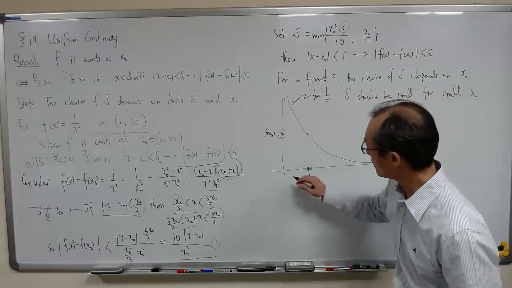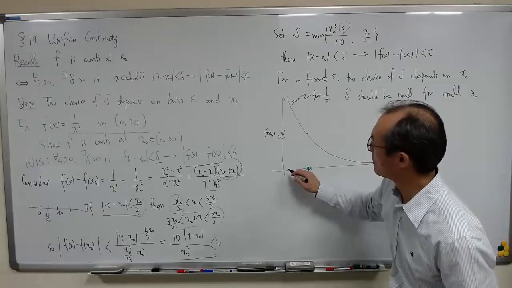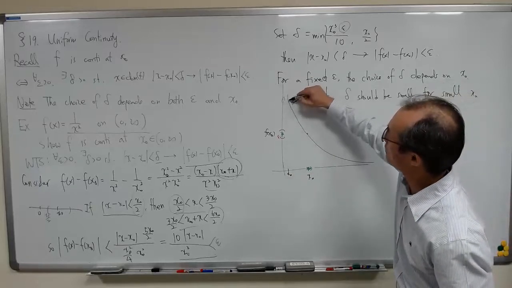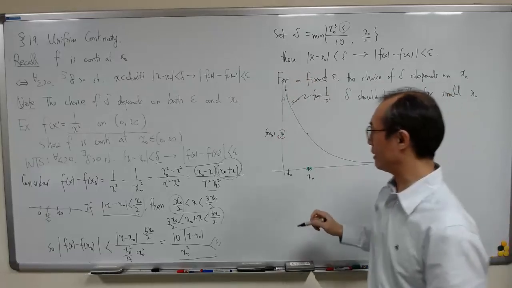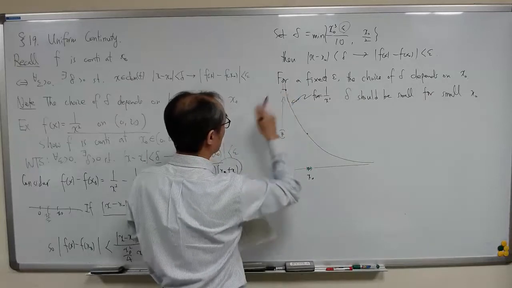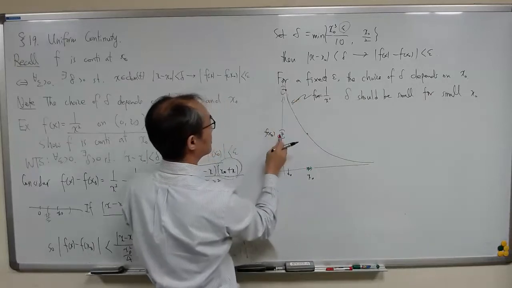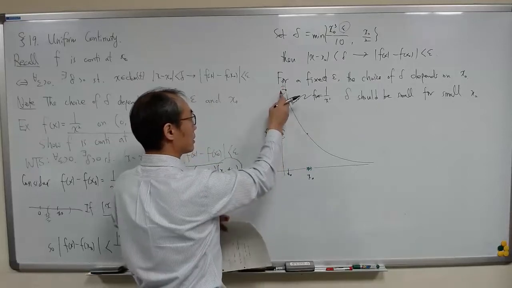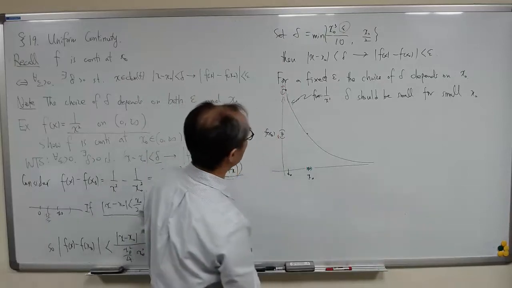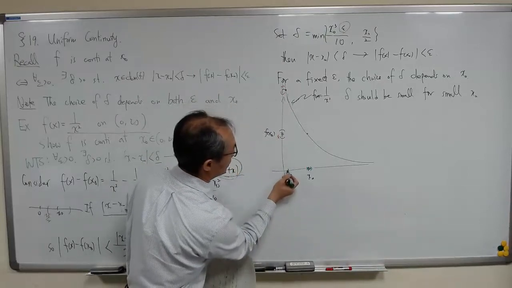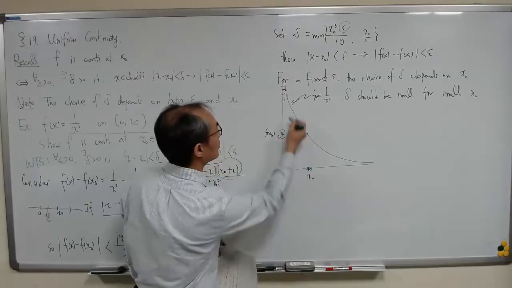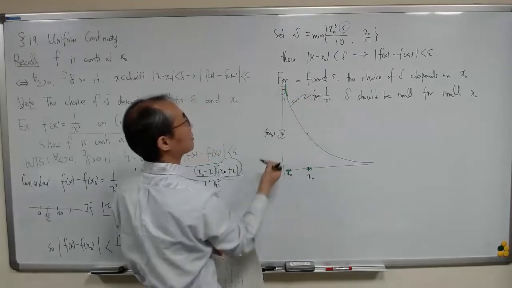However, if your x naught gets closer to the origin, if x naught is located somewhere around here, then the corresponding value is somewhere around there. If you choose the same epsilon as here, the same neighborhood, the choice of corresponding delta now must be much smaller, right? The same region will be moved to something like that.